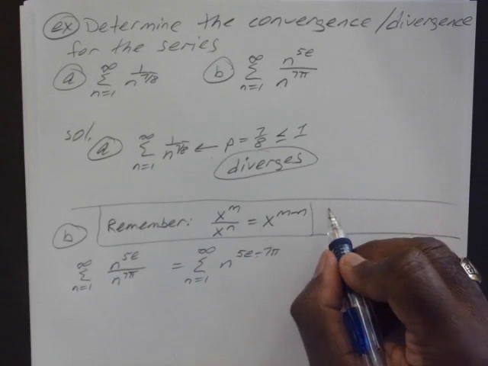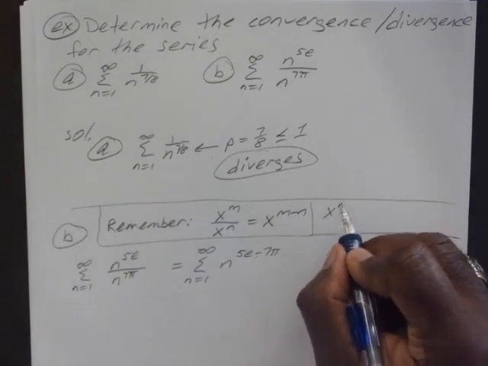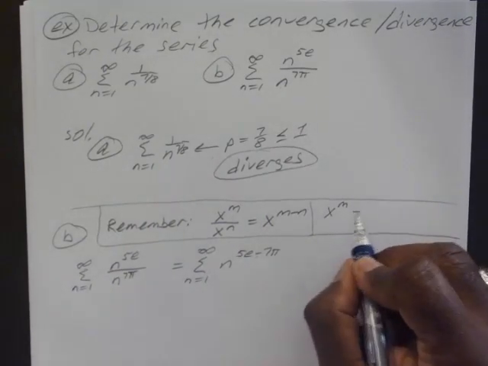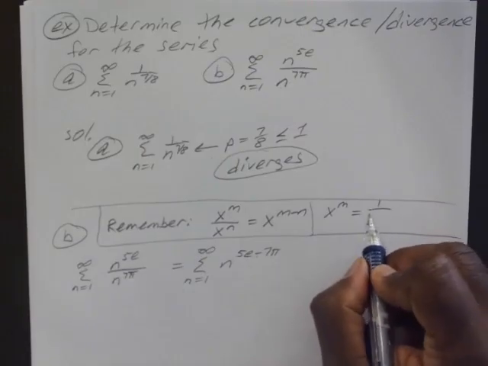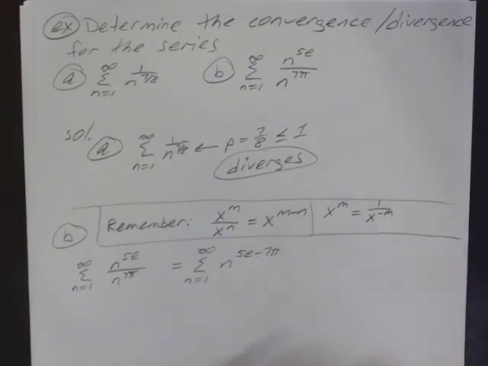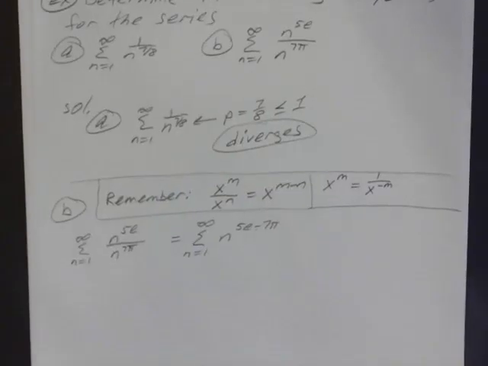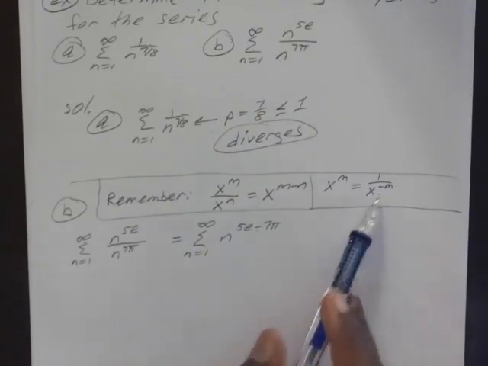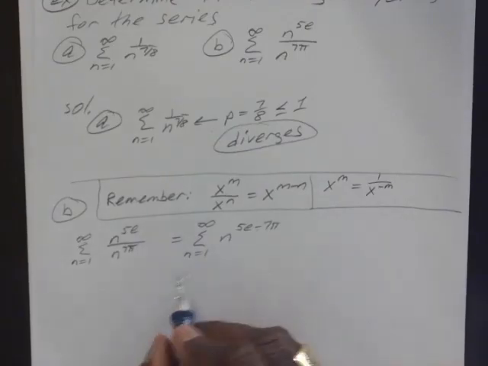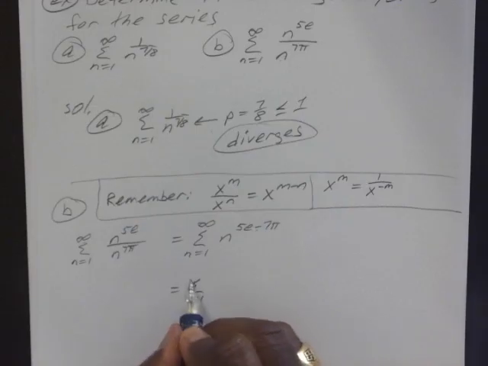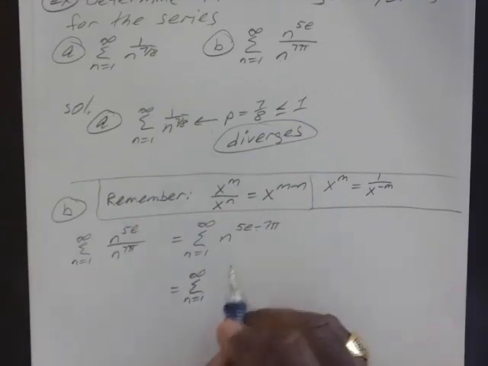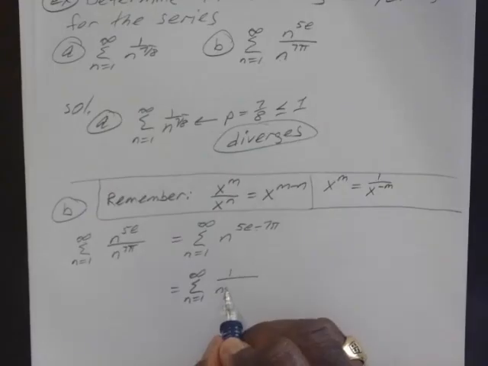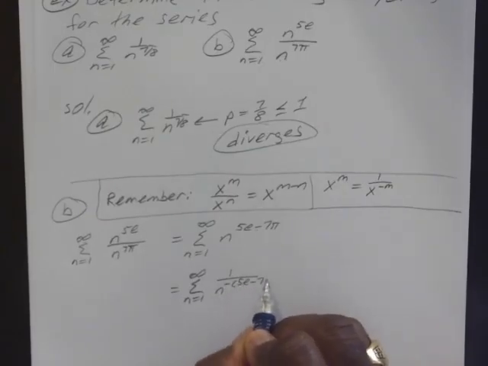So also we have to remember that if we have x to the power of m, we can rewrite that as 1 over x to the power of negative m. Just move it to the denominator, make the exponent negative. So that means we can rewrite this as the sum from n equals 1 to infinity of 1 over n to the power of negative 5e minus 7 pi.